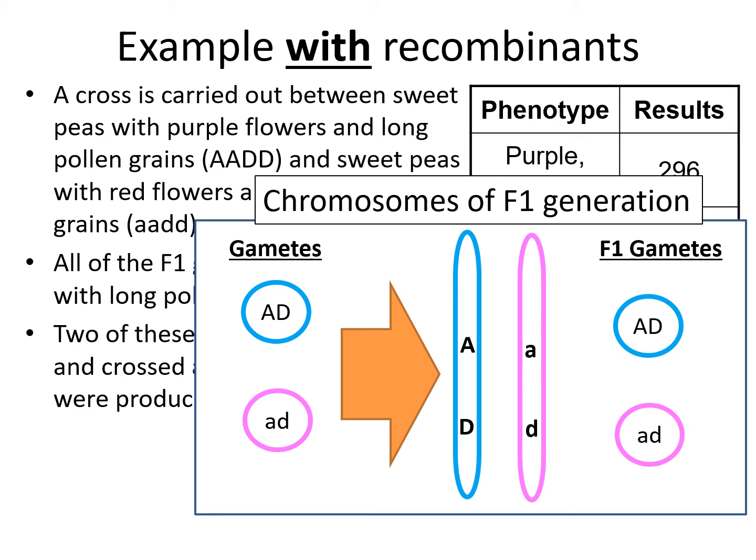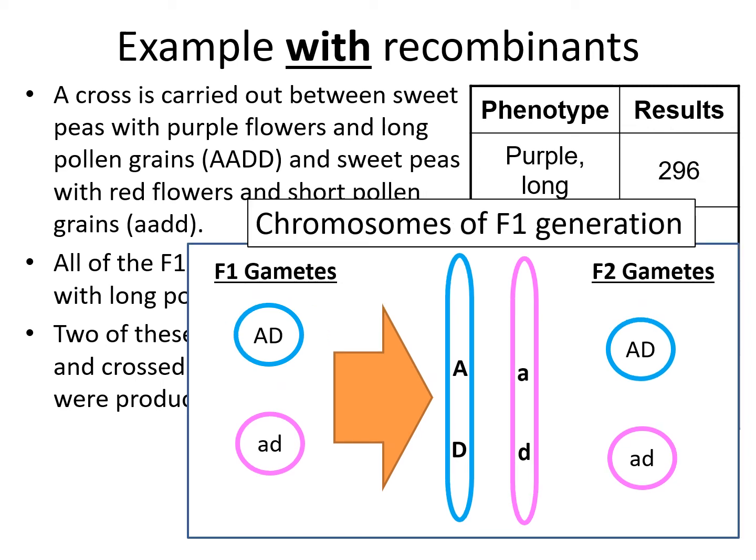In this particular case, the F1 all have the same phenotype, therefore it's the F2 that they're going to focus their attention on. As the F1 all have the same phenotype, we assume they all have the same genotype as the original grandparents, which means the same alleles for gene A and gene D are linked together in exactly the same way, and they pass them on to the F2.